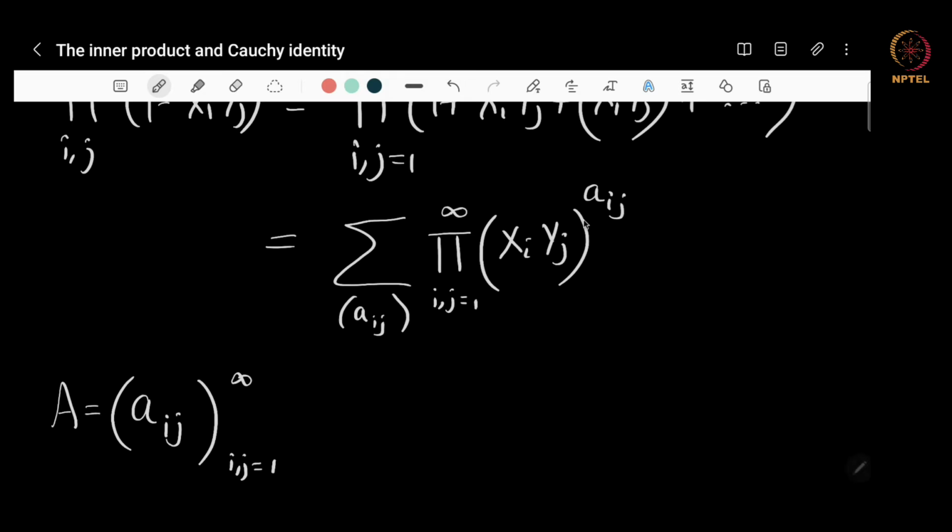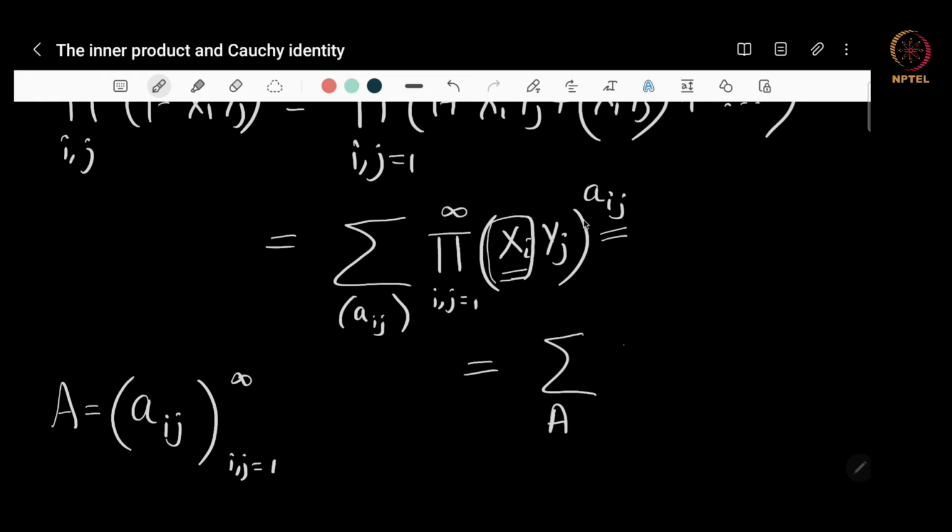So this I can think of as follows. aij is a matrix, so let me sum over all infinity cross infinity matrices, and the power that I finally get for the x and the y is the following. What's the power of xi? The same xi will occur for all the different j's in some sense.